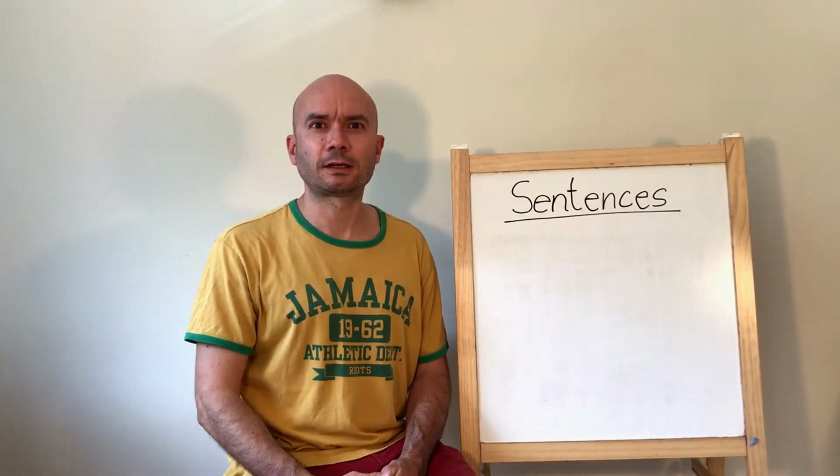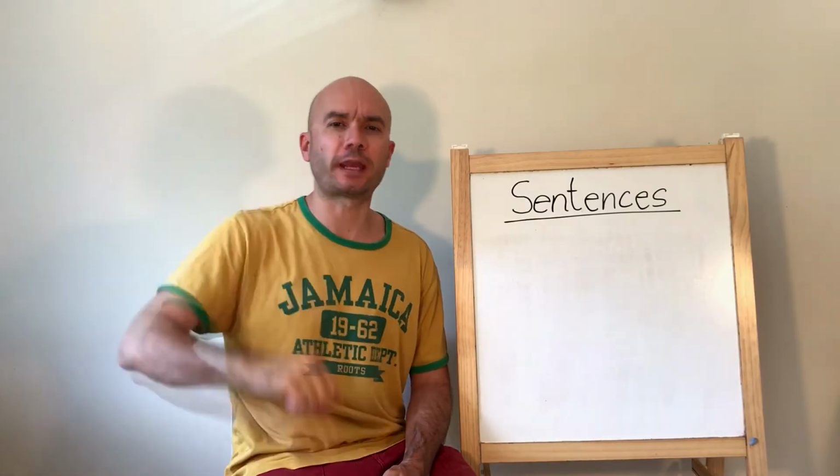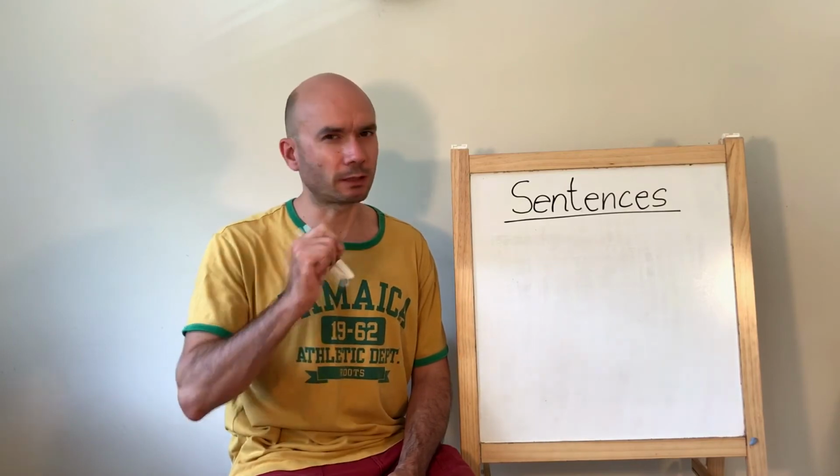When we're speaking, our voice might show others that we're scared or shocked or we're angry, or we can raise our voice to shout to someone who's far away. How do you show these feelings when you're writing? Well, there's a way.